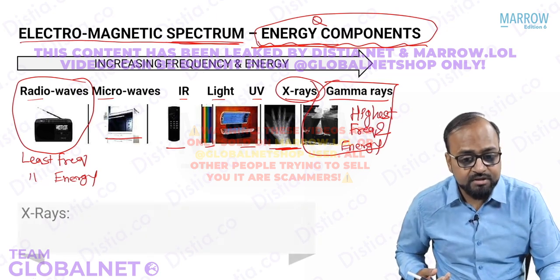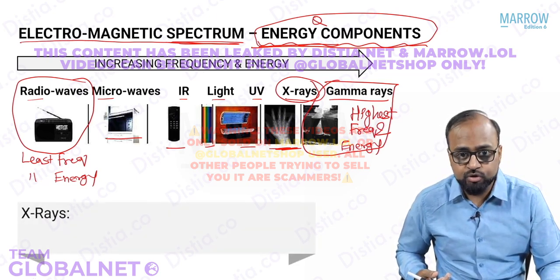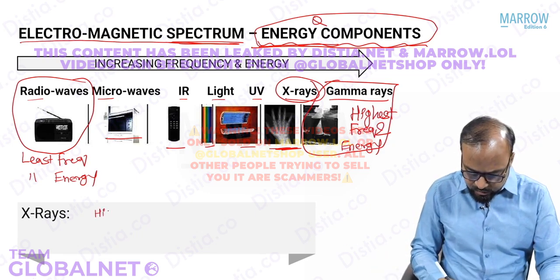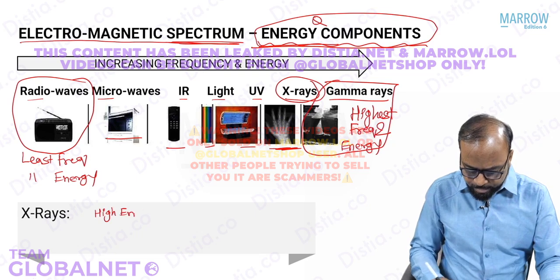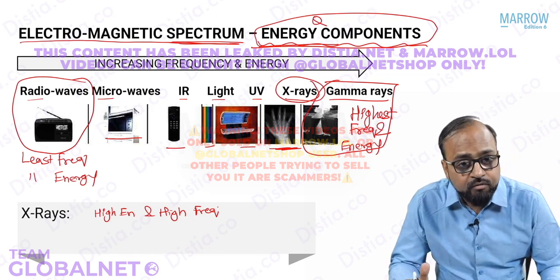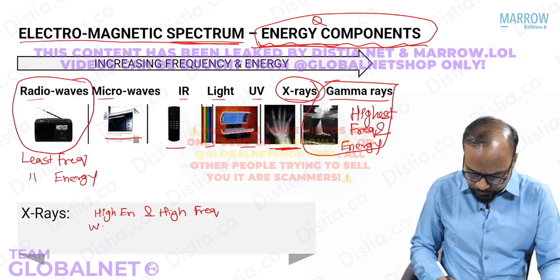Now, a few specifics about X-rays that we must know. X-rays, we have seen, have high energy and also a high frequency. That is what we have seen along the spectrum. What is the wavelength of X-rays?